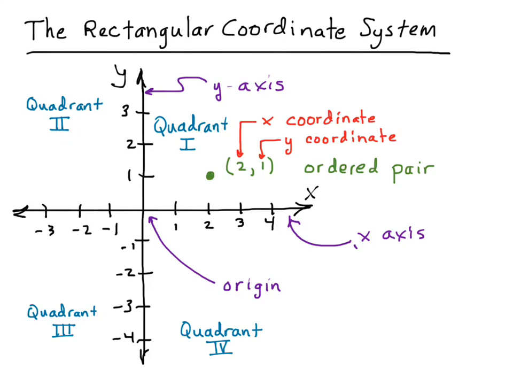The reason we number them this way is because when we're dealing with trigonometry, generally the angles will be increasing that way. We're not going to deal with trigonometry in this course, but ultimately this will be really important to you when you get to Math 14 and you're dealing with angles in the coordinate system.